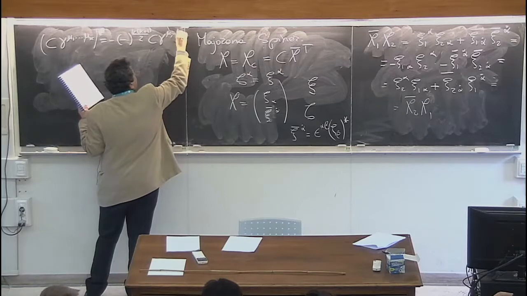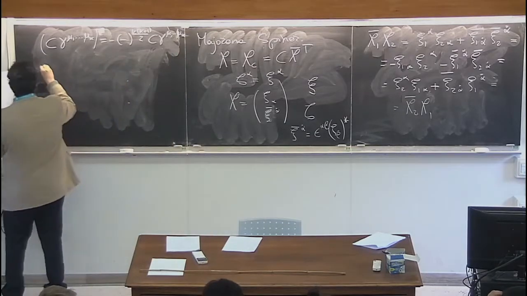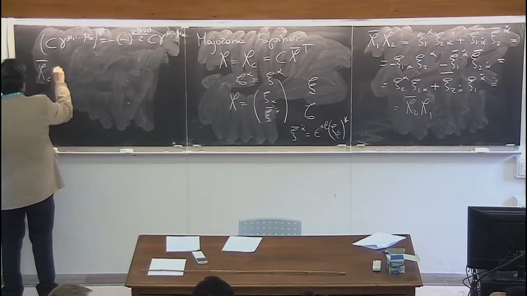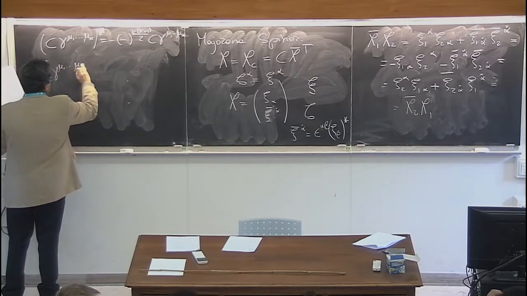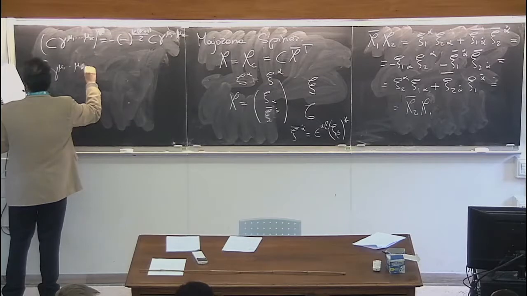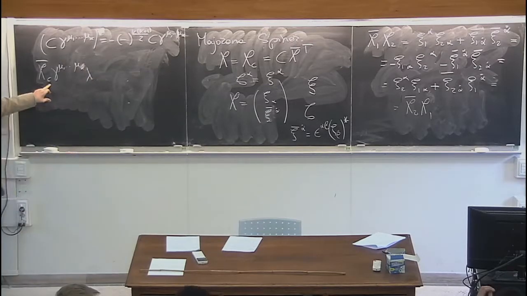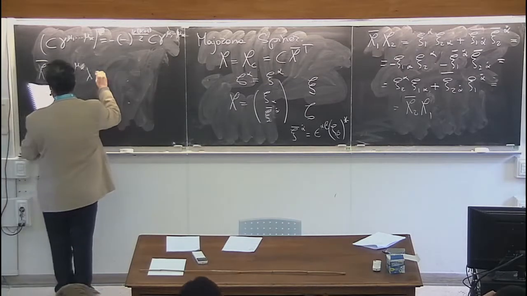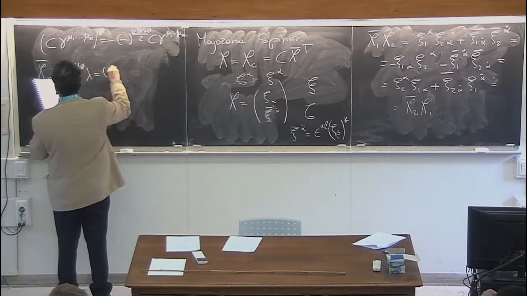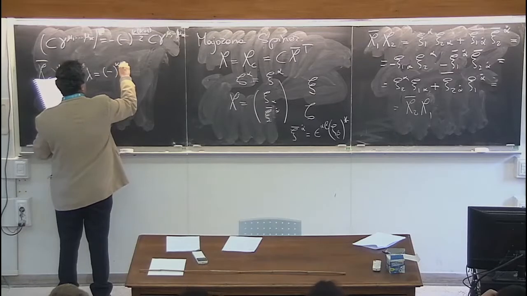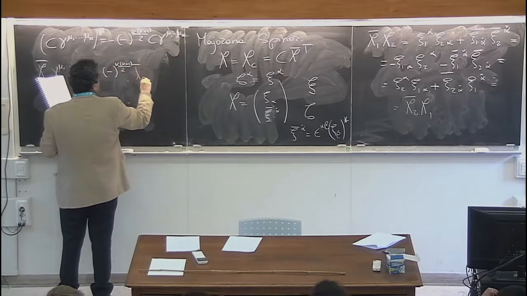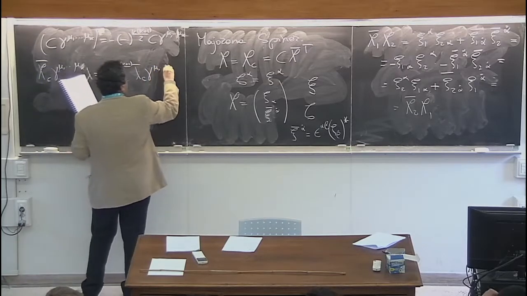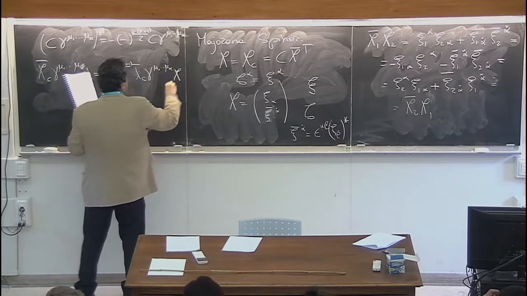Next, chi bar C gamma mu1 mu k. Here we are dealing with non-Majorana spinors, because I'm using C here. You can easily verify the following: minus to the power k plus 1 divided by 2, lambda bar C gamma mu1 mu k chi.